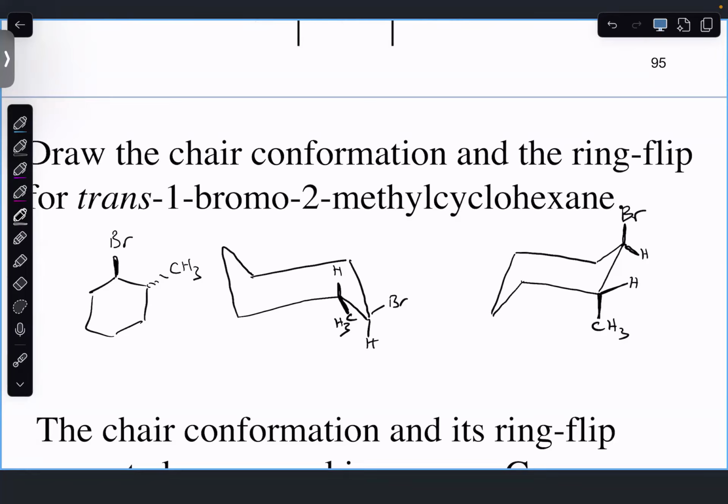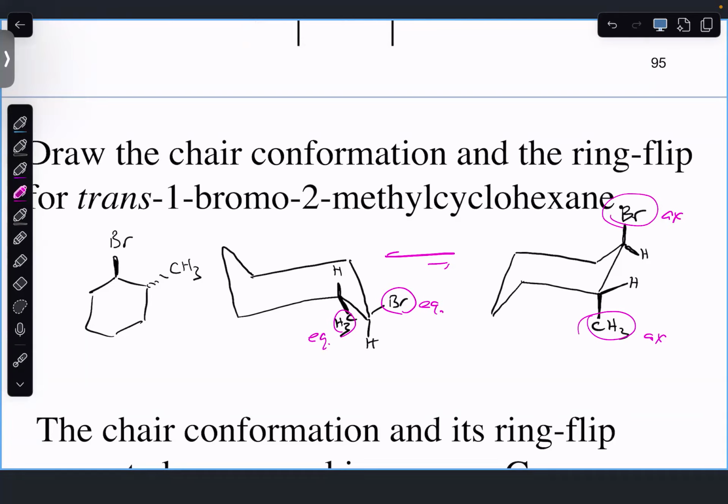Is the one on the left or the one on the right better? Yeah, I'm thinking the one on the left. Reason being, that's an axial substituent. That's an axial substituent. Once you do the ring flip, that's equatorial.